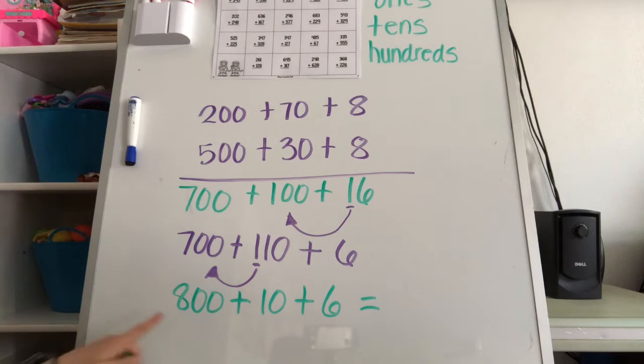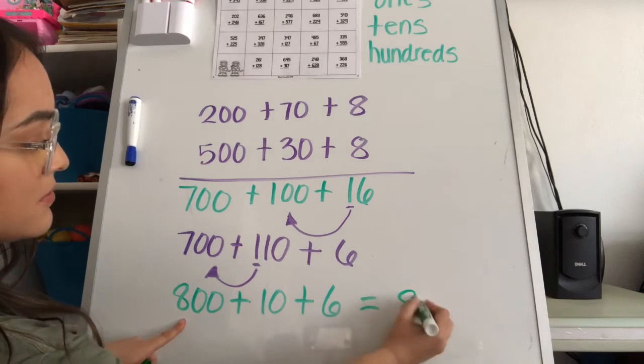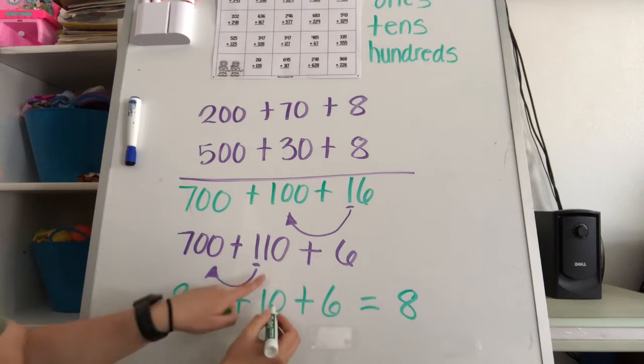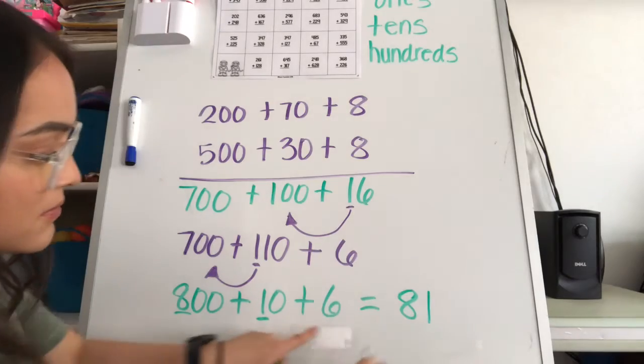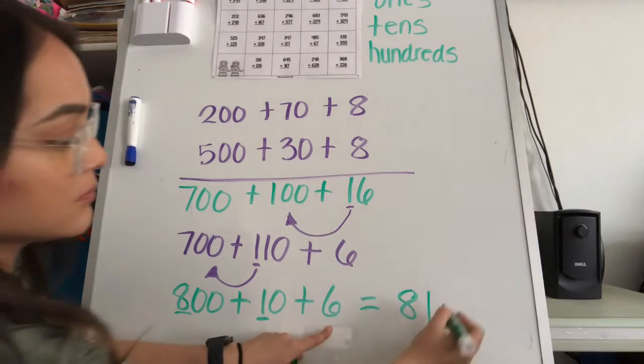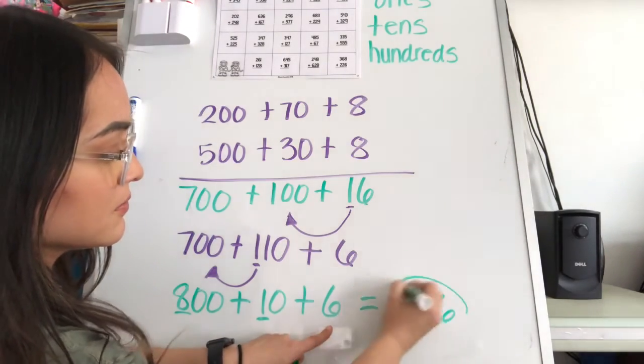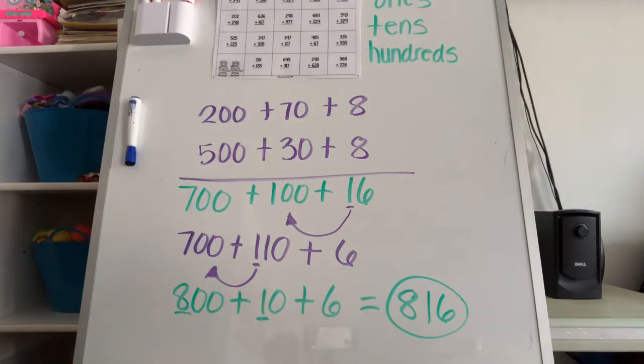Now we can add them together to get our final answer. We have 8 hundreds, we have 1 ten, and we have 6 ones. So our final answer is 816.